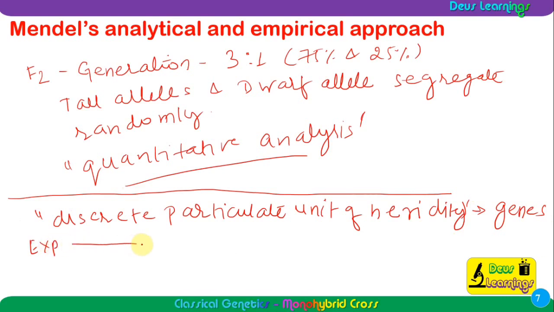Mendel was able to understand that traits were carried by the alleles, right? And he tried to understand the relationship, what kind of allele brings what kind of character.